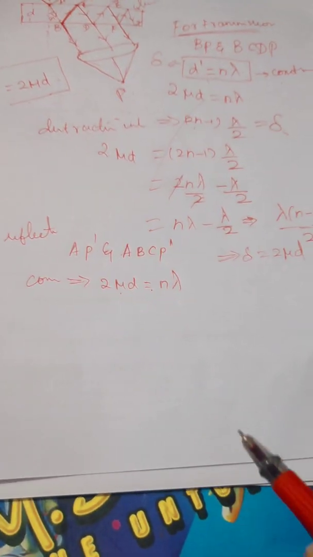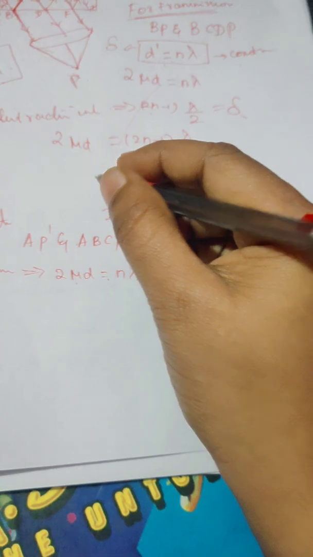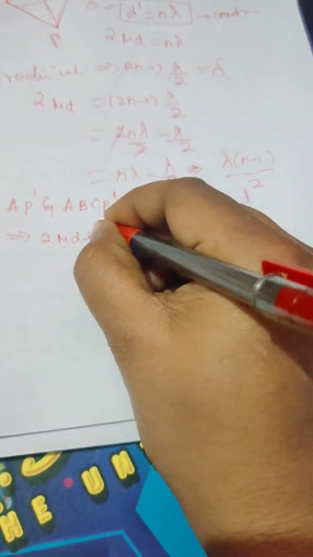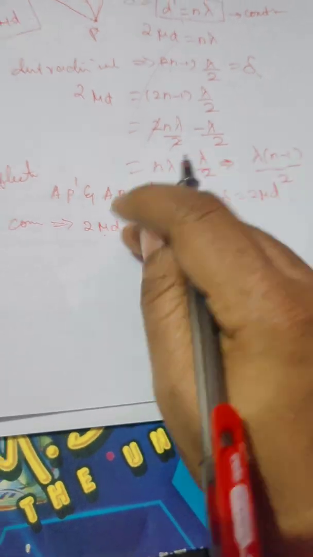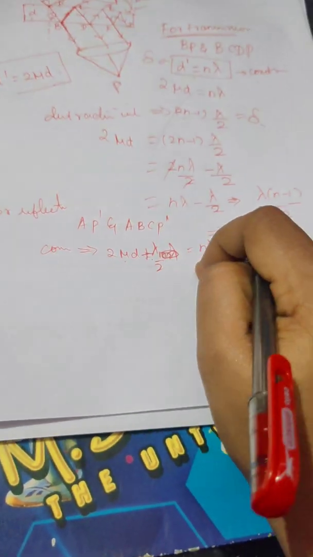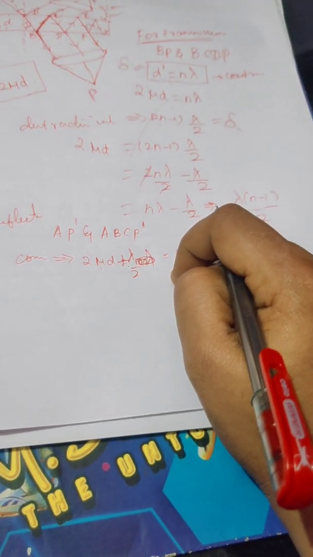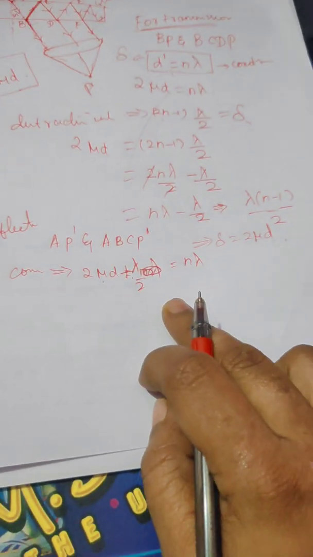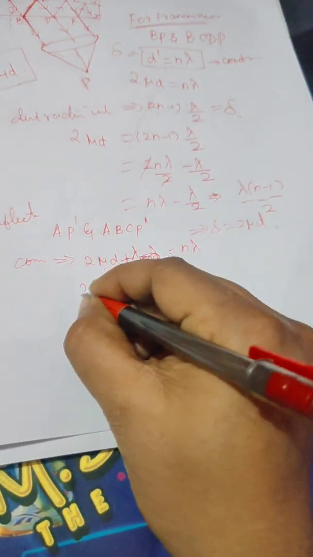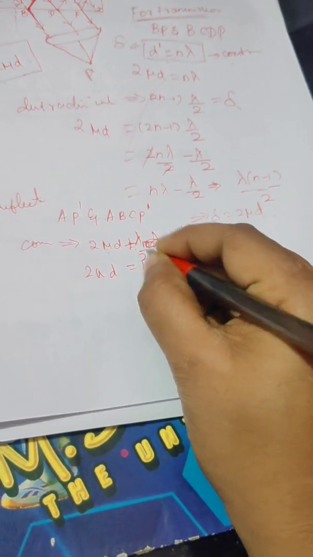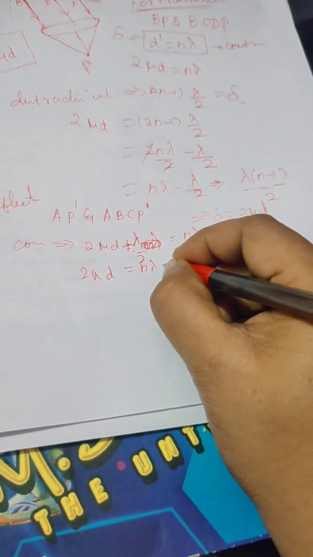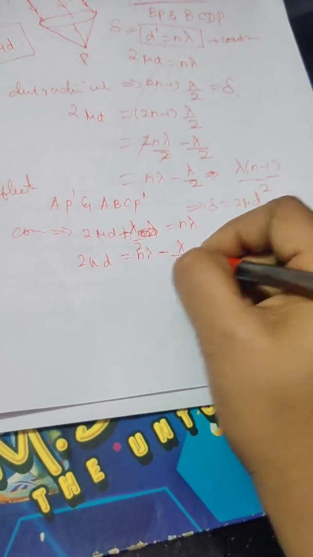Here the extra term will be lambda by 2. So I'll write 2 mu d plus lambda by 2 is equal to n lambda. I can change this equation as 2 mu d is equal to n lambda; taking this plus lambda by 2 to that side, it becomes minus lambda by 2.